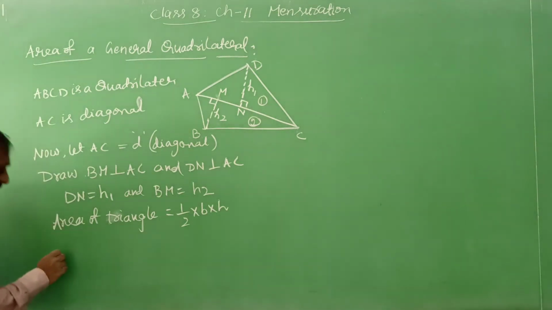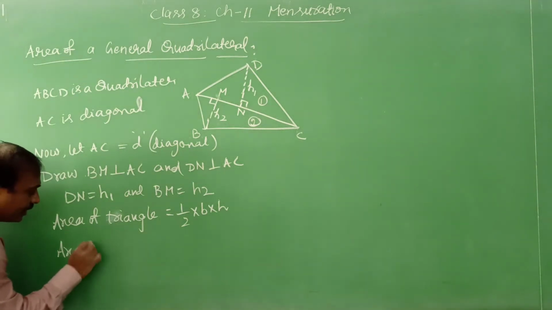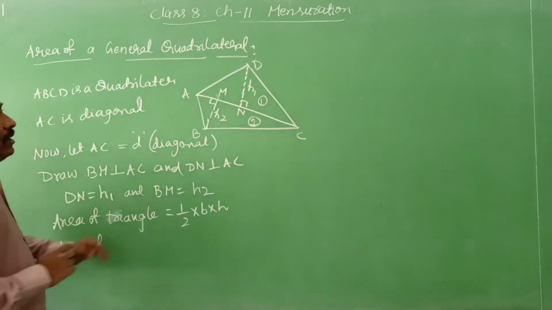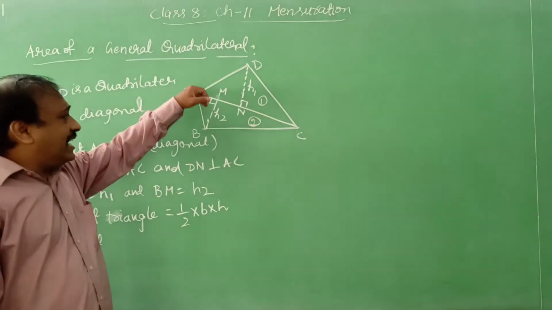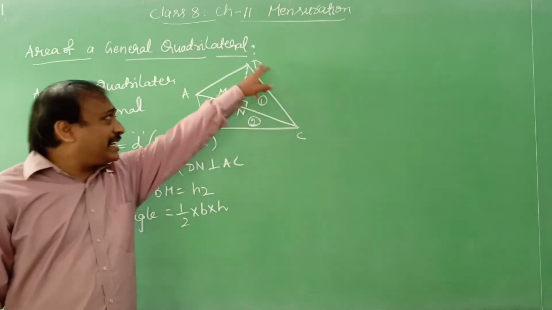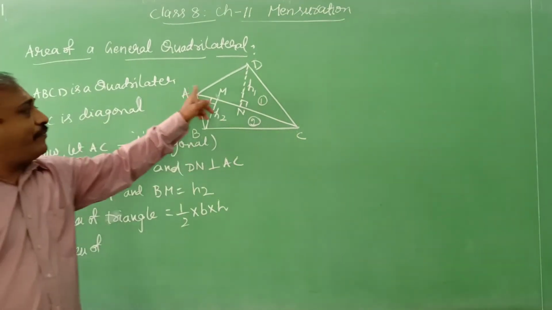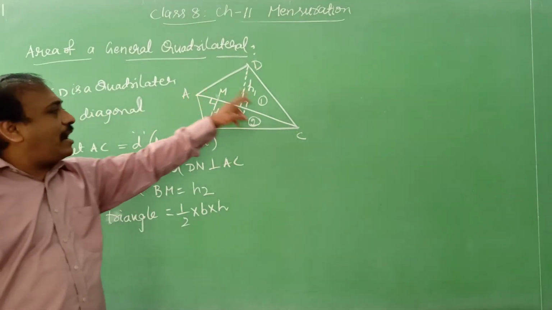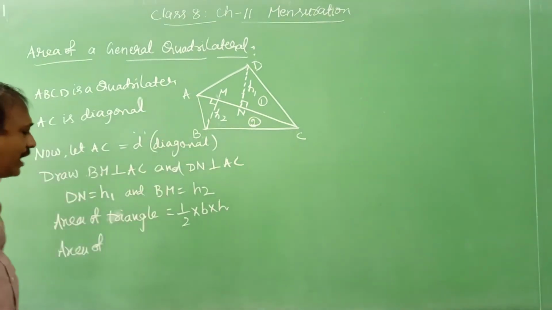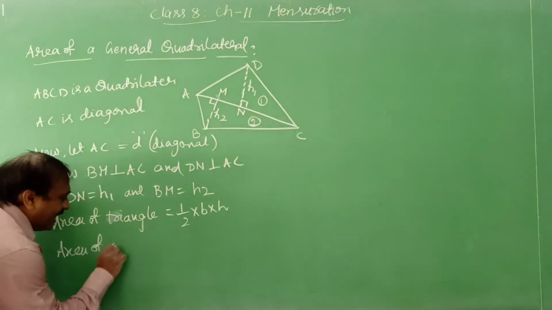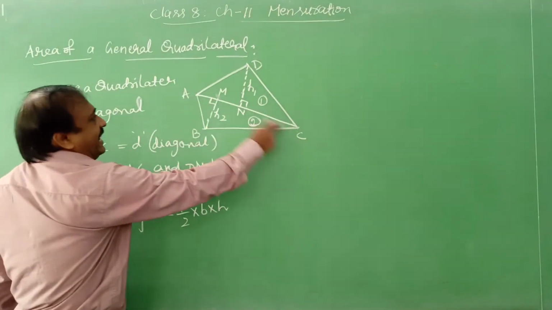So now, to get the area of quadrilateral ABCD, what you have to do is add the area of ACD plus the area of ACB together. So what is the triangle we are taking? ACD.